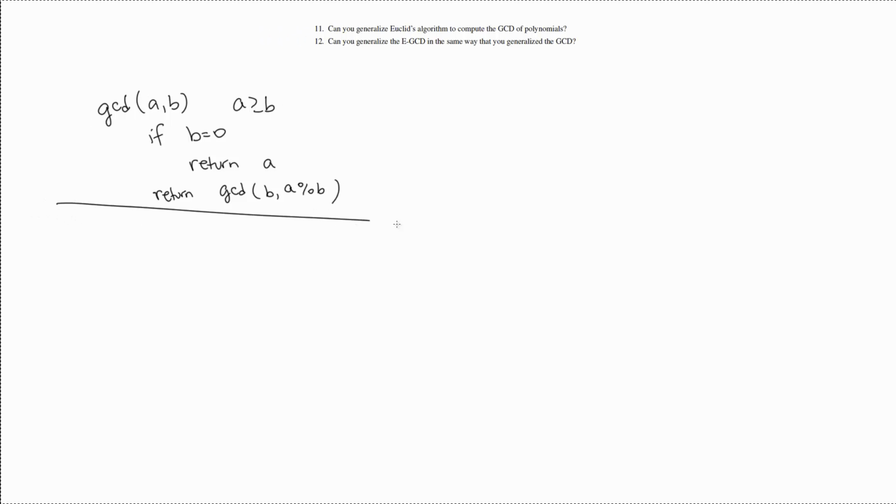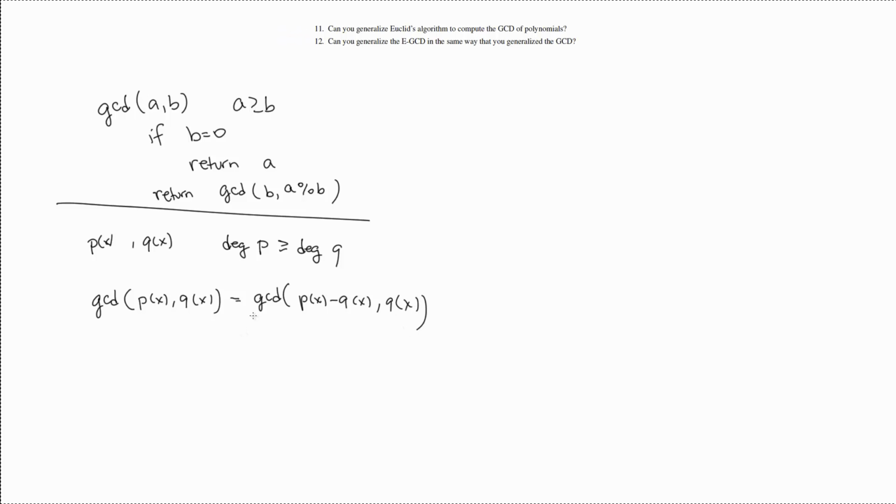Now let's try and generalize this procedure for computing the GCD of polynomials. If we have two polynomials, p of x and q of x, where the degree of p is greater than or equal to the degree of q, then we can borrow some intuition from the original Euclidean algorithm. The GCD of p of x and q of x is equal to the GCD of p of x minus q of x and q of x.